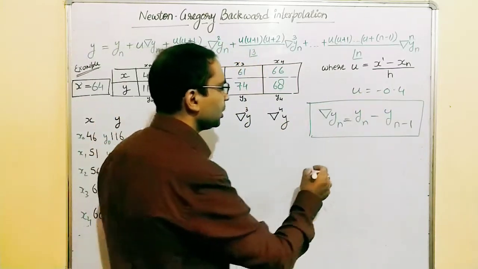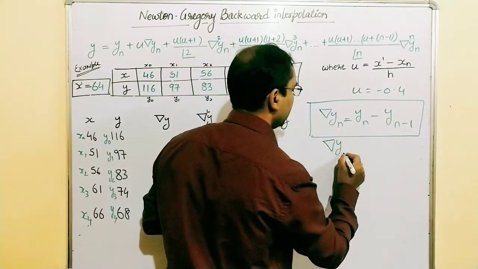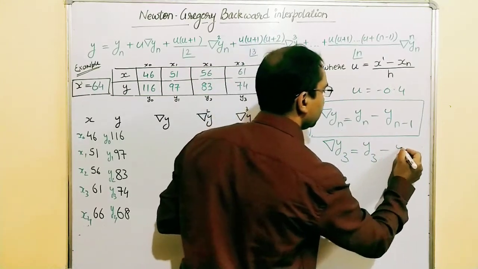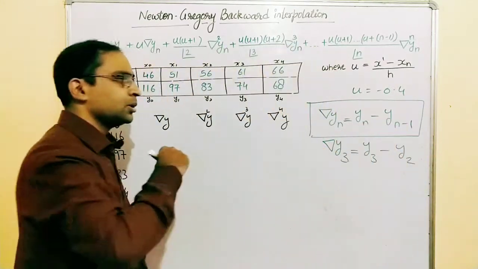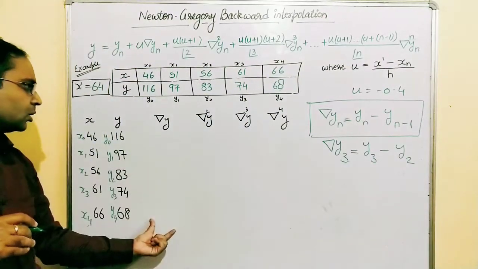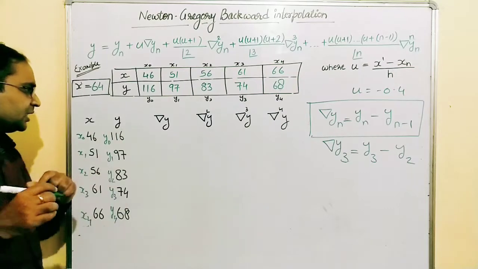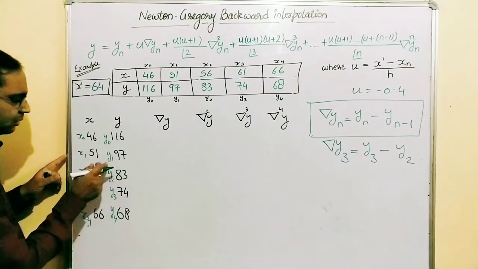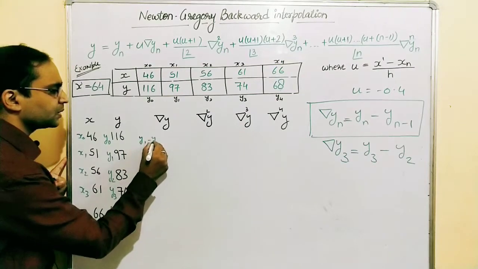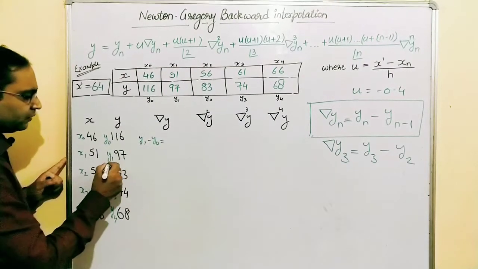So let's say if you want to evaluate del of y3, what will be the value? This will be y3 minus y2. So this is the backward del. Now let's construct this first column. This is del y. As we can say, this is y1 minus y0. So we'll have to evaluate y1 minus y0. What is y1 minus y0?